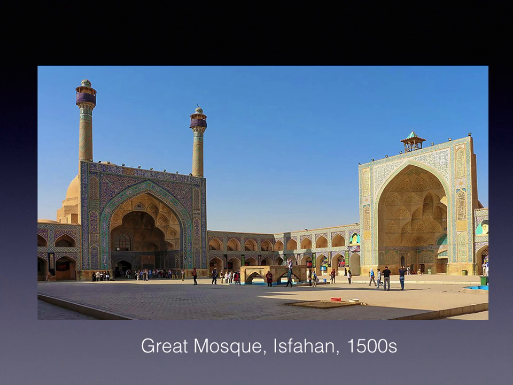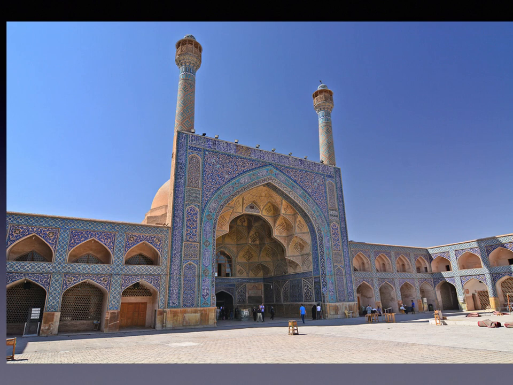And as you may notice, again, the gateway leading to the prayer hall is the one that is most ornate with blue tile and has two minarets and beyond it a dome. Okay, so here it is again.